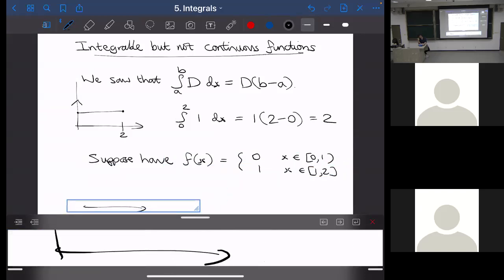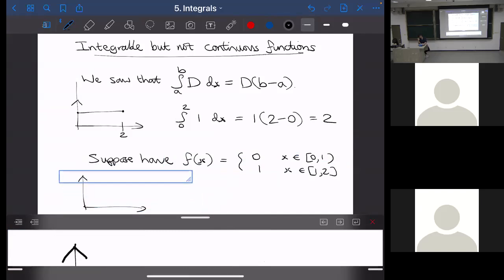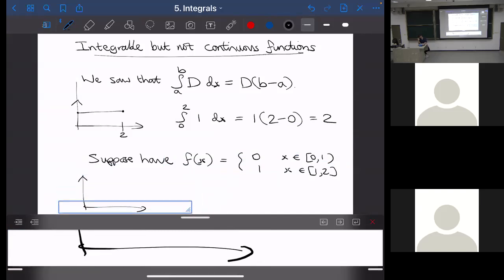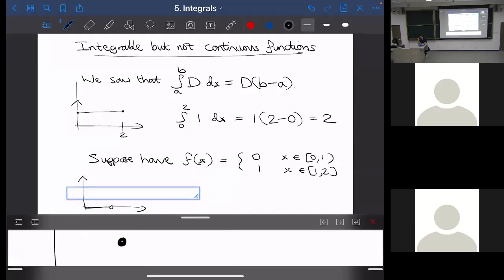So the graph now looks like this. So 0 here, but 1 here.